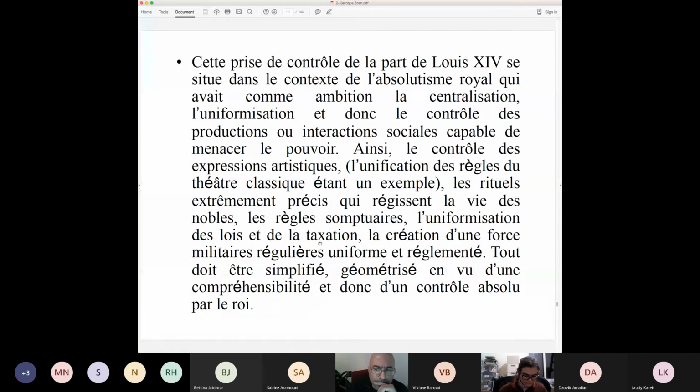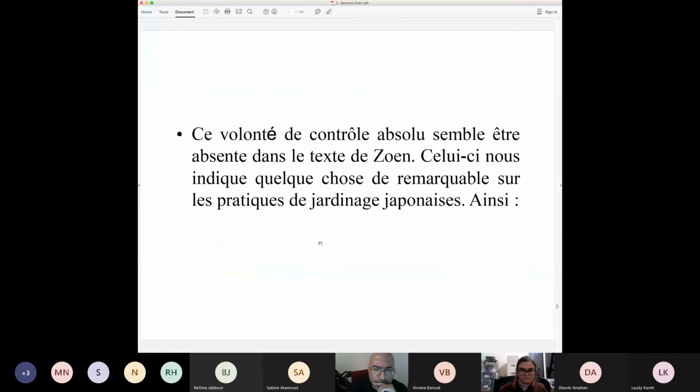So this desire for absolute control over the site, over the trees made to look like geometric shapes, as we see here.